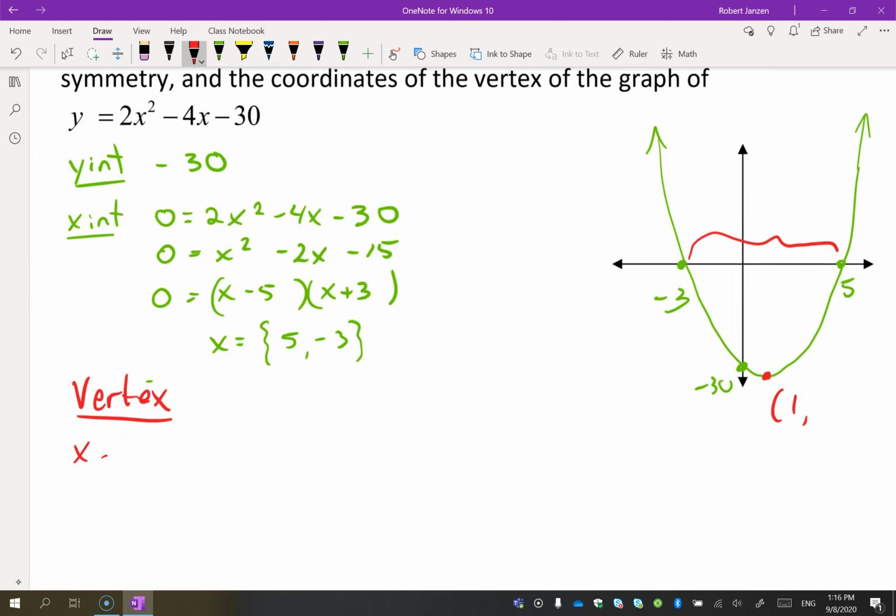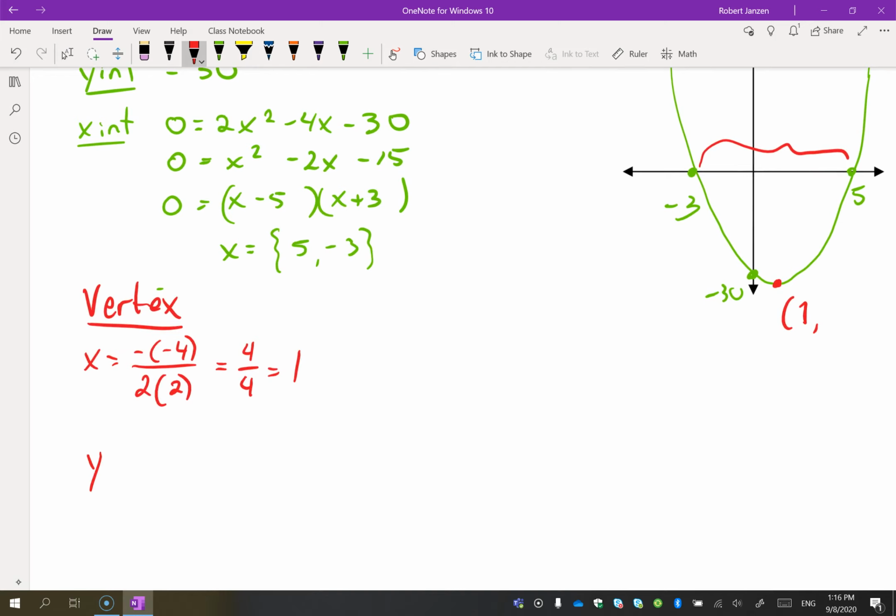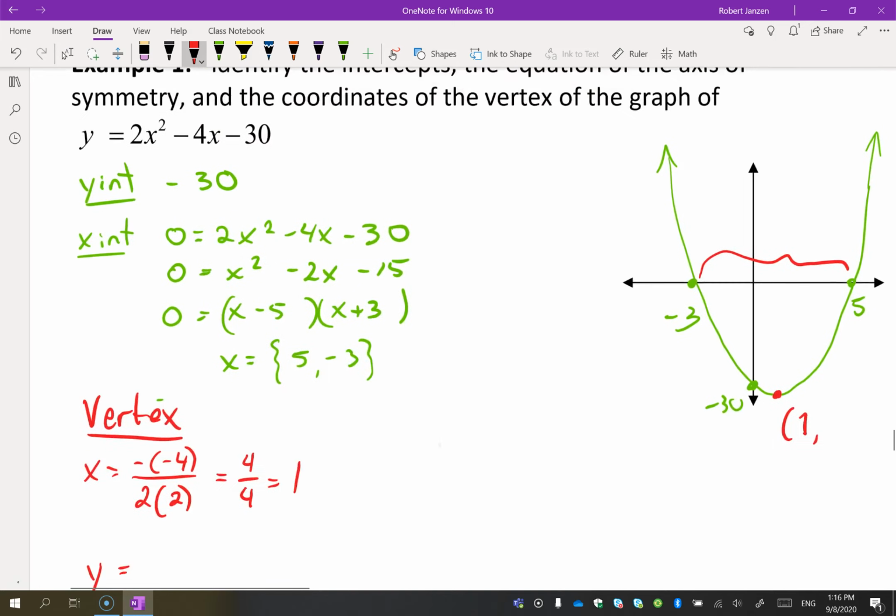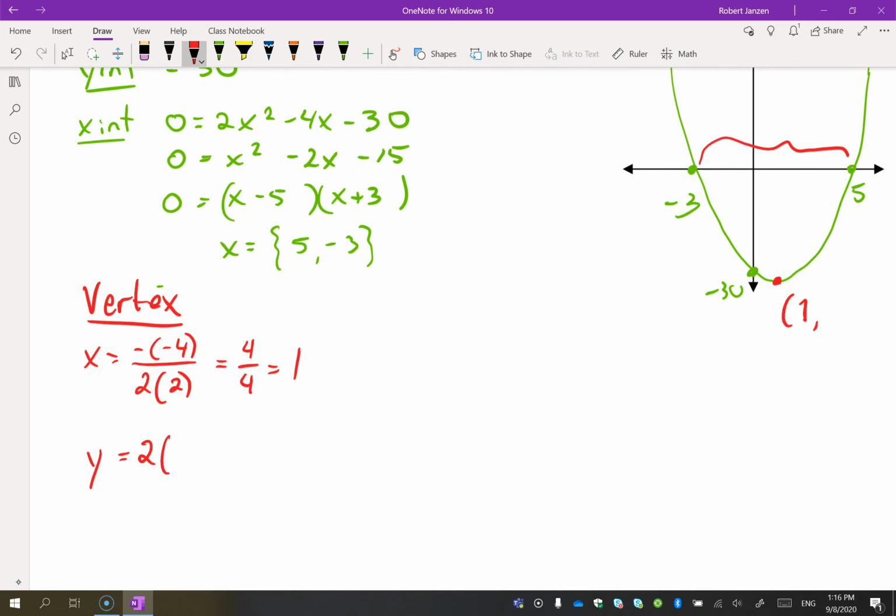If you go negative b, so that's negative 4, over 2a, you end up with 4 over 4, which is 1. So the vertex, the x value, is 1. How do you find the y value? We're going to put 1 into the equation.